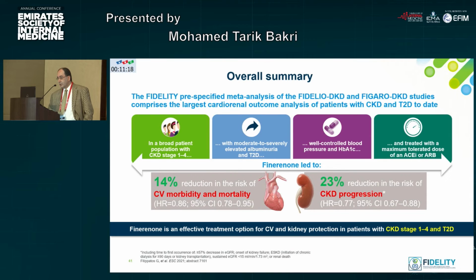You can see the summary of both studies: a 14% reduction in the risk of cardiovascular morbidity and mortality with a significant p-value, and for the renal endpoint, CKD progression, a 23% reduction, again with a significant p-value.